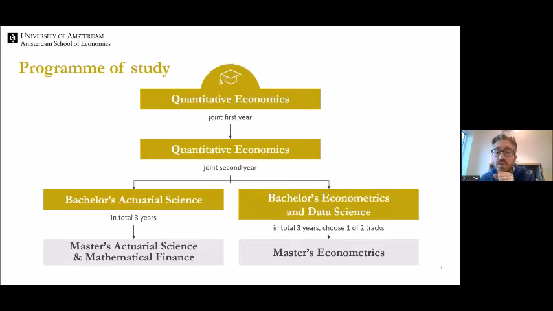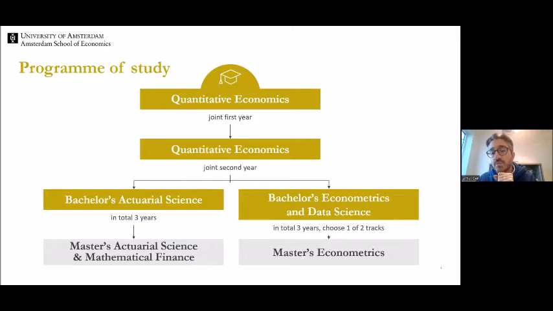And in the third year, you split completely into either actuarial science or econometrics and data science. And if you go with econometrics and data science, you also have to choose one of the two possible tracks, namely econometrics or data science. So both bachelor's programs take 3 years in total.